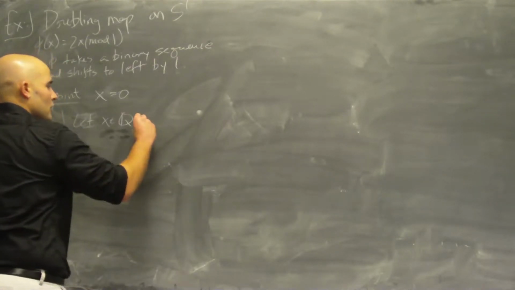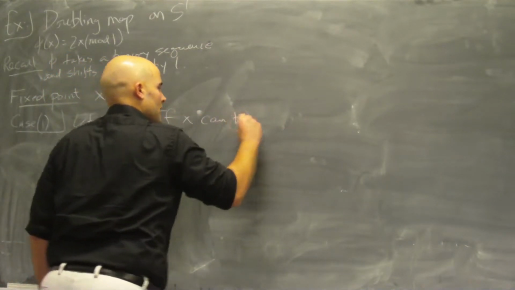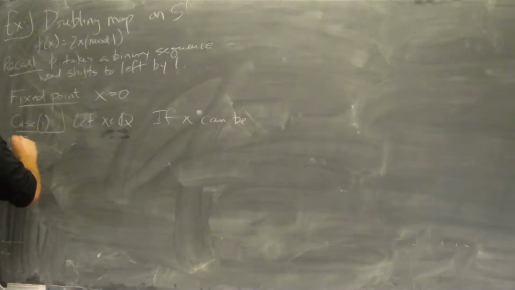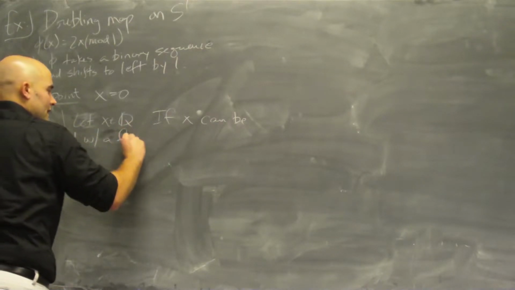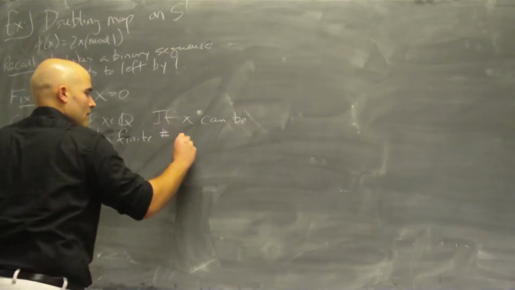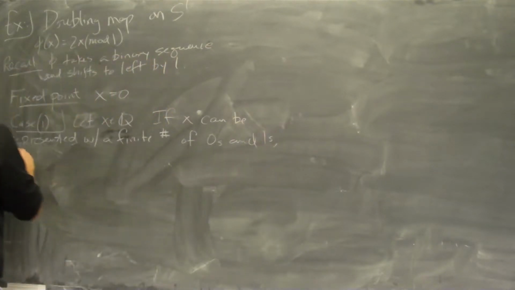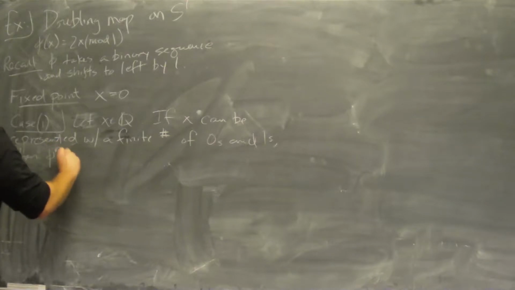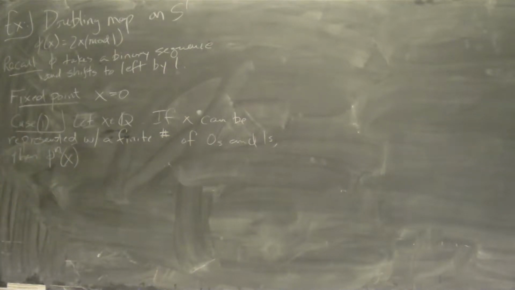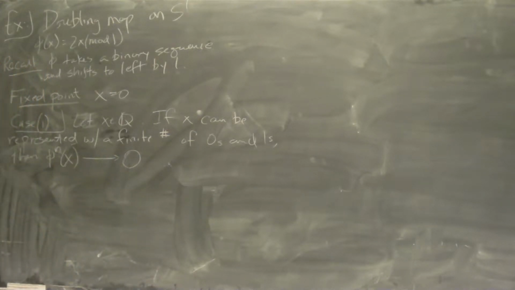Okay, so for one, if x can be represented with a finite number of zeros and ones, then if you apply the doubling map over and over as n goes to infinity, this is going to converge to the fixed point, and in fact it's going to do it in finite time.